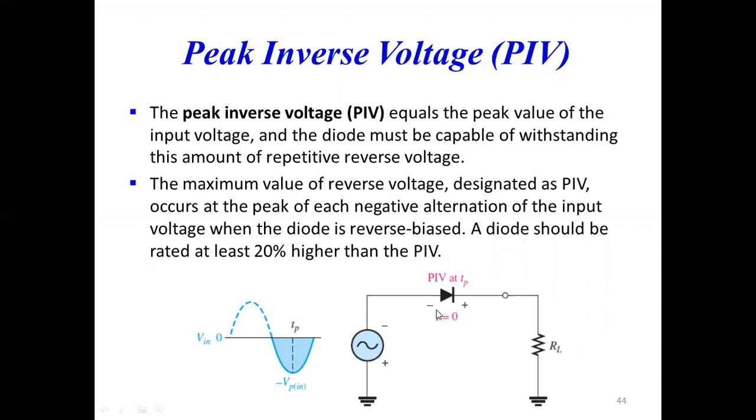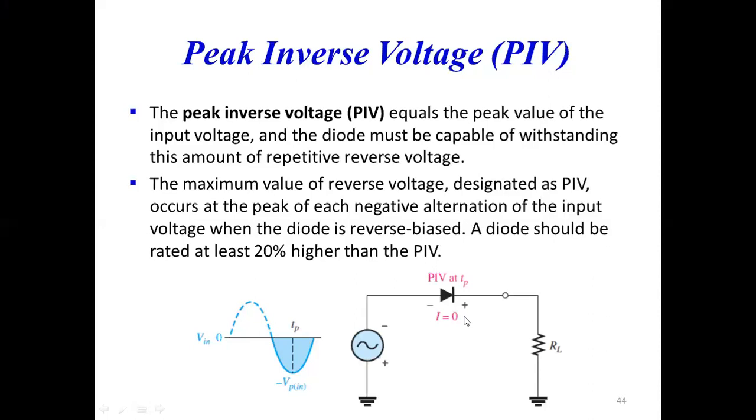So what is peak inverse voltage? The peak inverse voltage equals the peak value of the input voltage, and your diode should be capable of withstanding this amount of repetitive reverse voltage. If I am using an input signal of, say, plus minus 50 volt, then during the negative half cycle I am applying 50 volt in reverse to this diode.